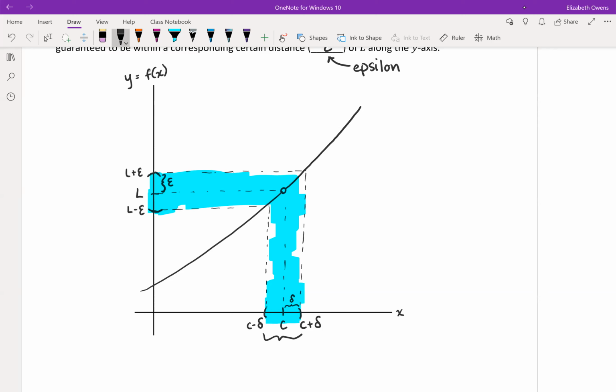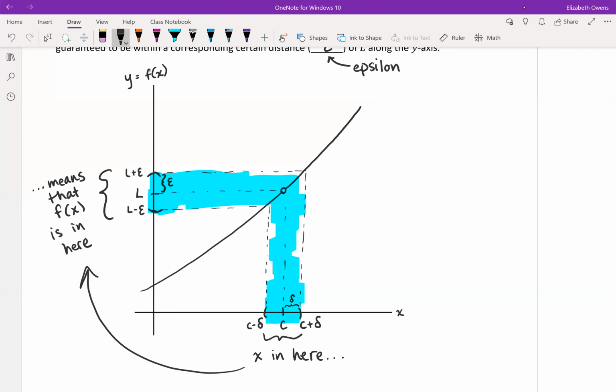Let's add that little detail. As long as you have x in here, that will mean that f of x is in here, in that region. So one of those things leads to the other. Now, what does that mean for our limits?